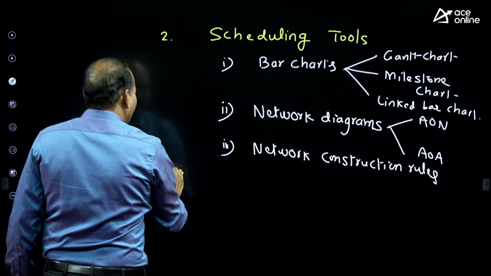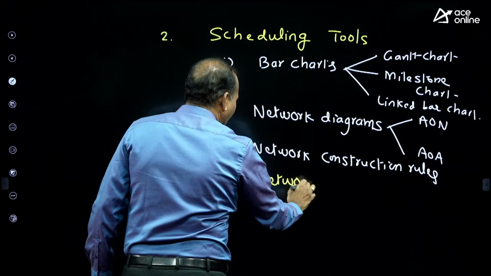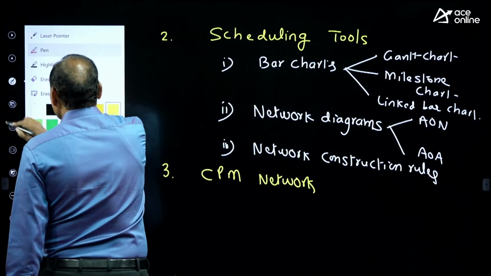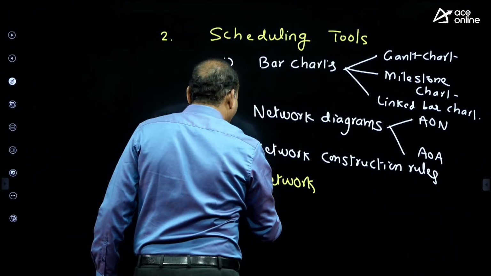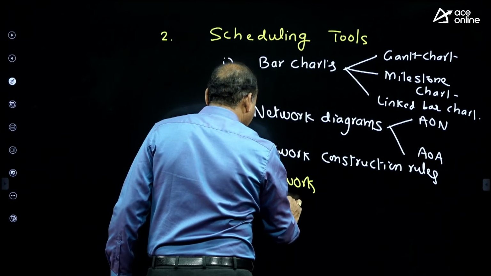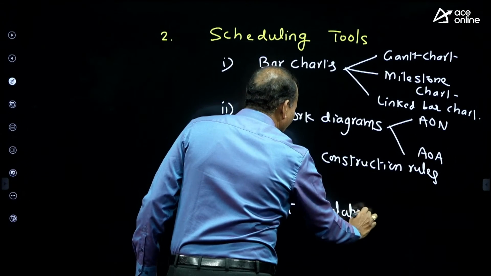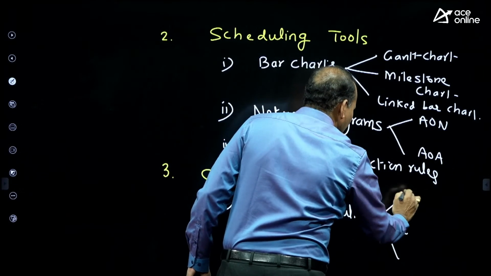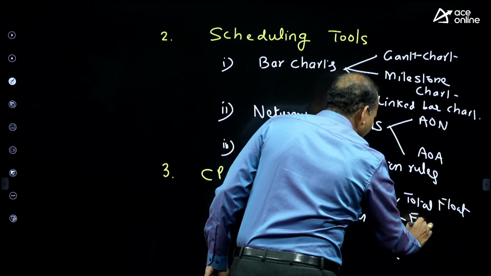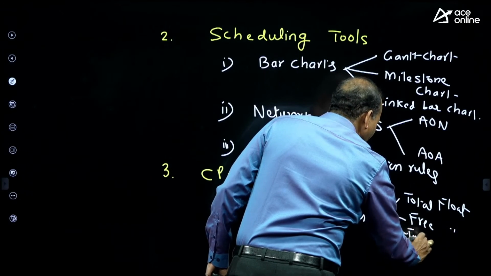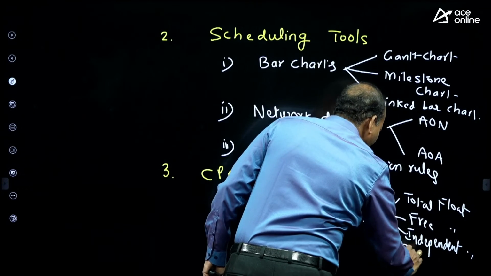Next, the third heading could be CPM network. Under CPM network, how to calculate floats. Float calculation. Under float we have almost 4 types: total float, free float, independent float, and interference float.